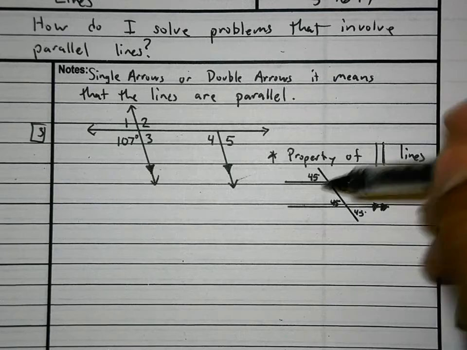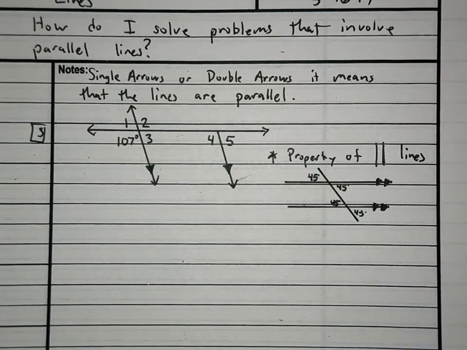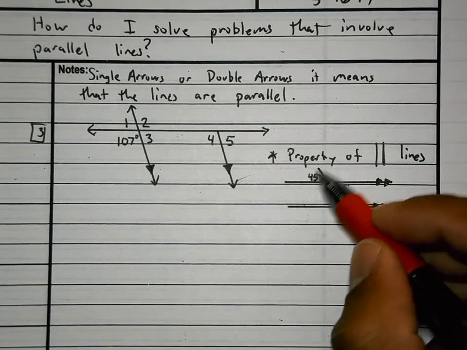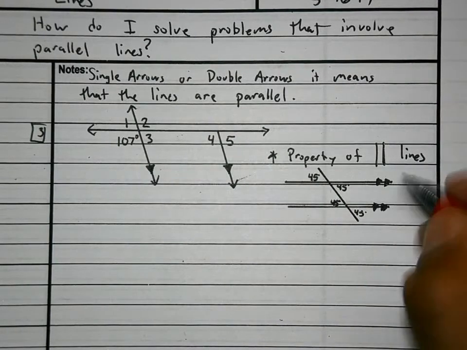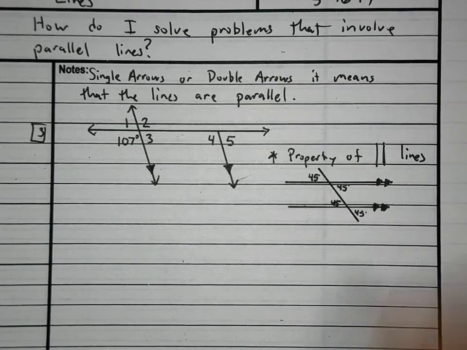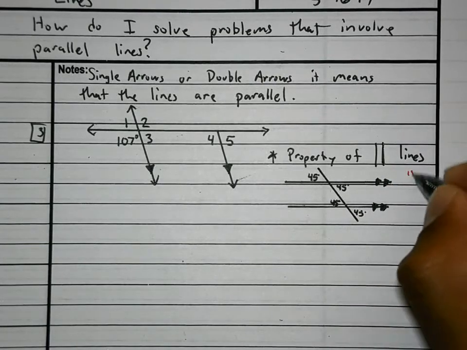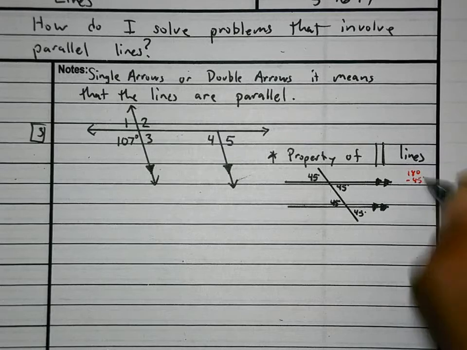The other ones are supplementary. What does that mean? That means this plus this should add up to 180 degrees. Do you know what 180 minus 45 is, and you know how big this angle has to be? What is 180 minus 45 degrees?